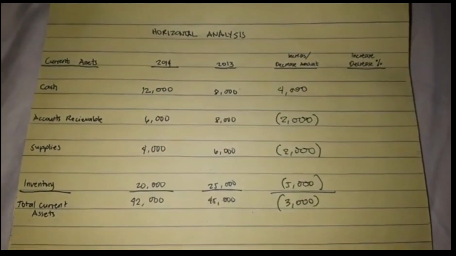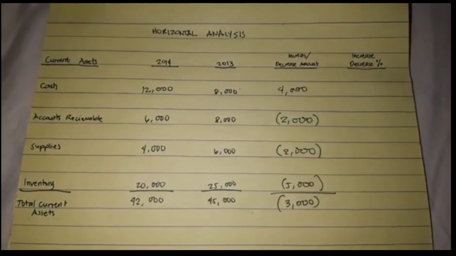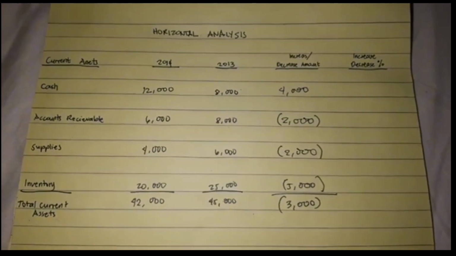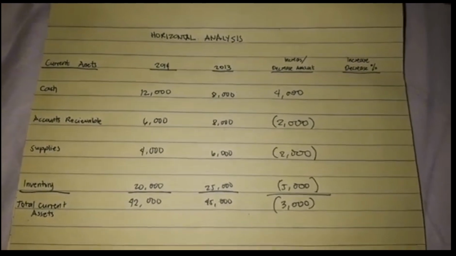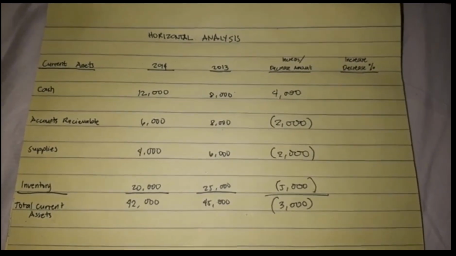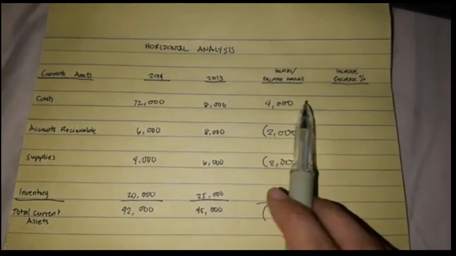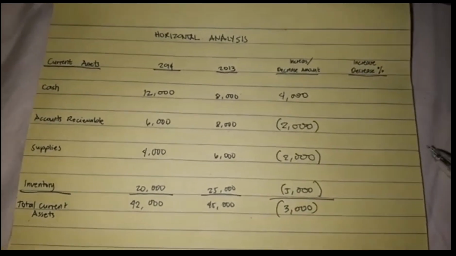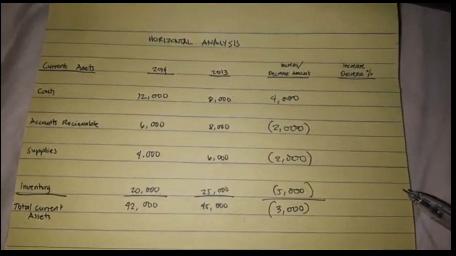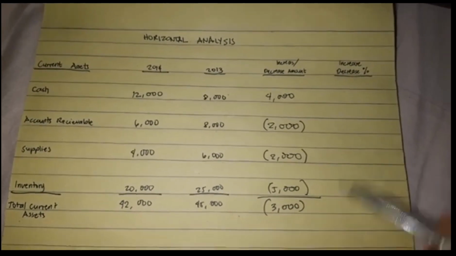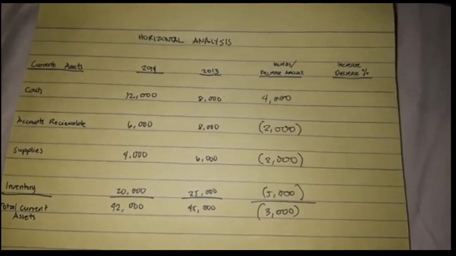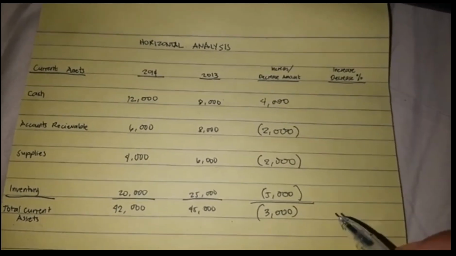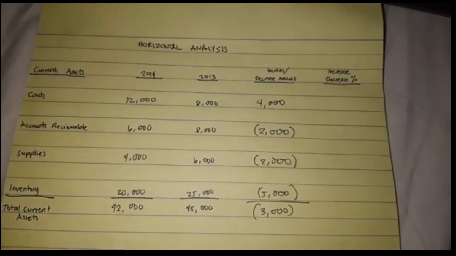Now we're going to calculate the increase or decrease percentage. To figure that out, I'm going to take the first one, cash, here, which shows an increase of 4,000. So I take my 4,000 over my base.